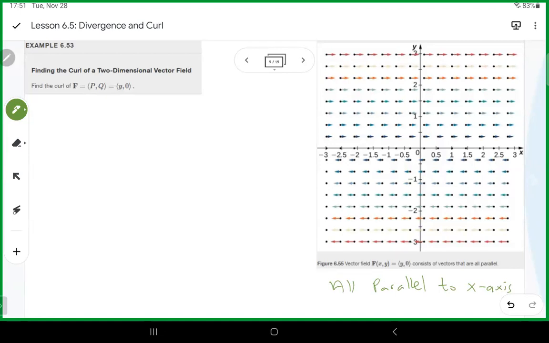This fact might lead us to the conclusion that the field has no spin and that the curl is 0. To test this theory, we would have curl F be Q_x minus P_y k, which equals a negative k, which is not 0. Therefore, this vector field does spin.